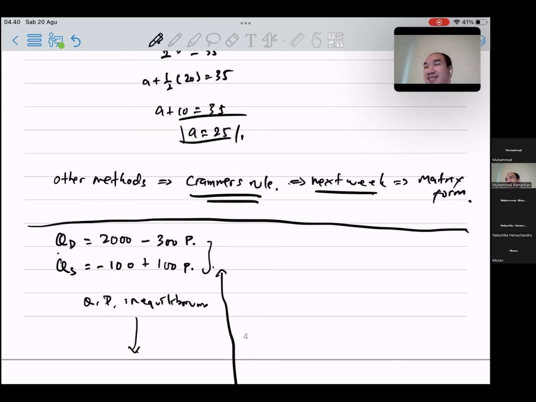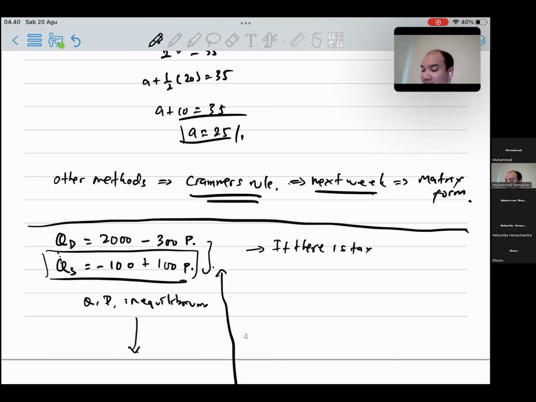If the tax is imposed on the producer, you have to change the supply function, or the supply equation.